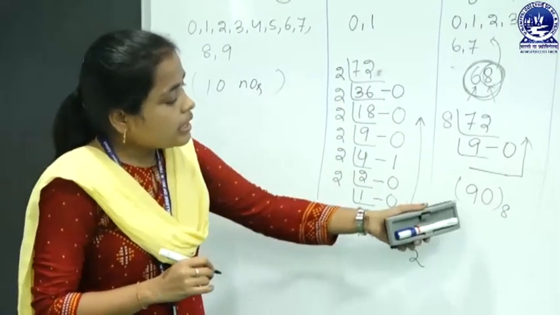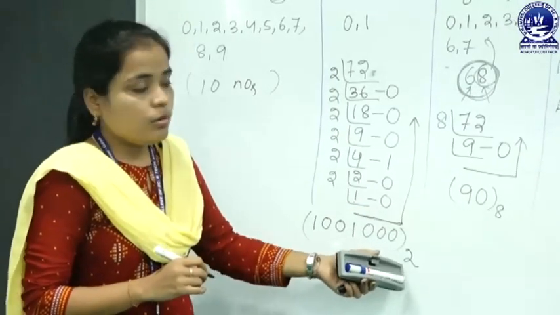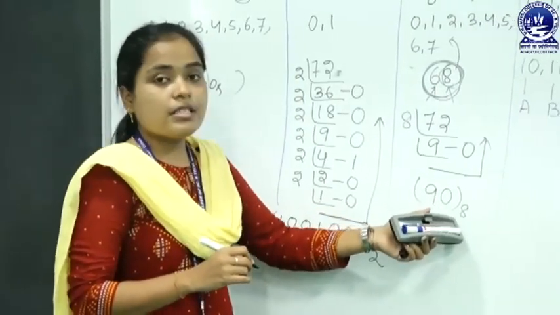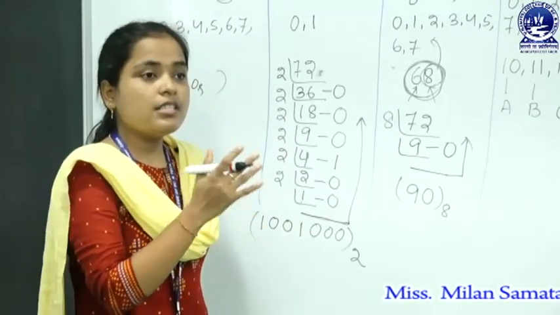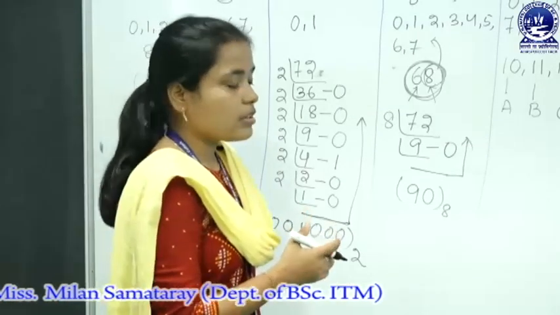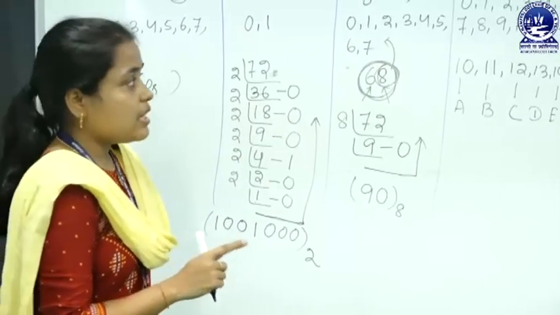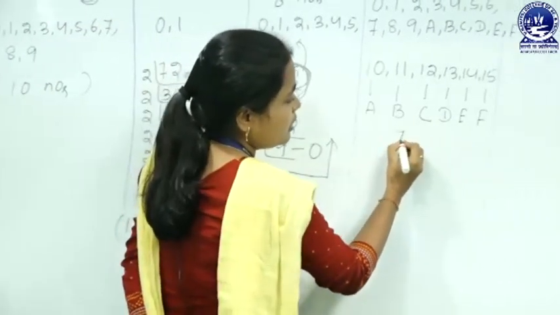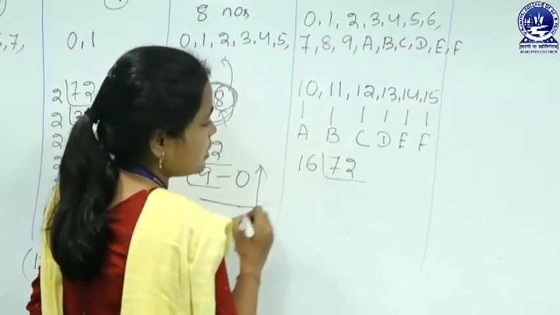Sometimes we call it a base. For example, base is 2, base is 8, but the term radix is actually related to the organization of the computer, so it is better to use the term radix. And to convert that decimal number into its hexadecimal form, we divide 72 by 16.